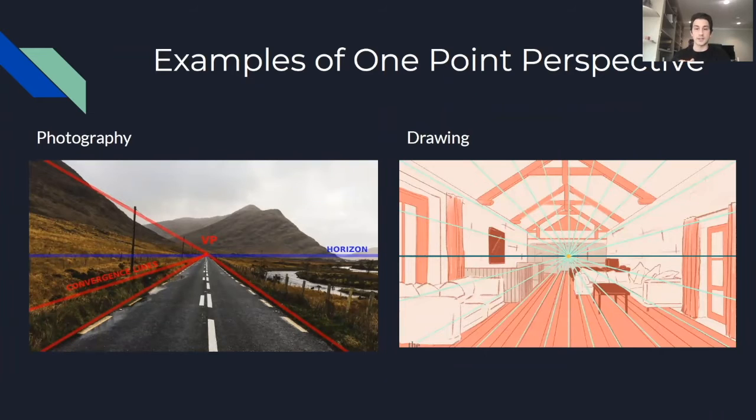Next slide. Now, when it comes to these examples, as you work in photography or drawing, not only does this relate to these constructions, it can express our understanding of the eye level from outdoor environments or interior environments.